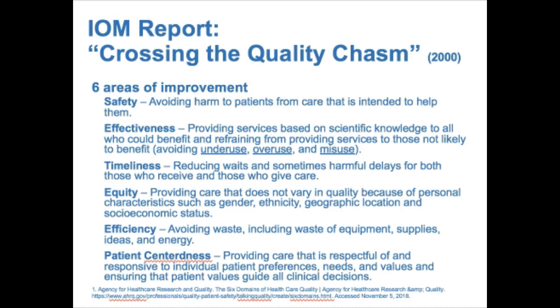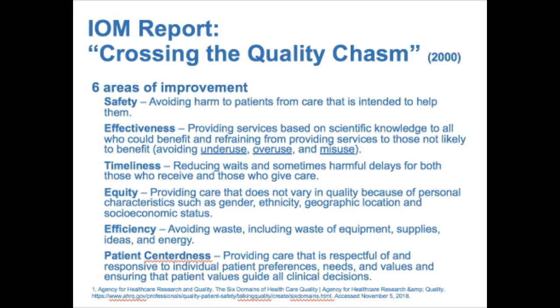The IOM identified 6 areas for quality improvement, which are shown here. The vast majority of quality measures address effectiveness and safety. A smaller number examine timeliness and patient-centeredness, and unfortunately very few assess the efficiency or equity of care.